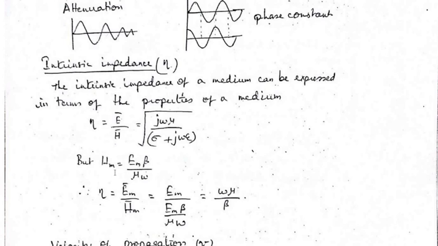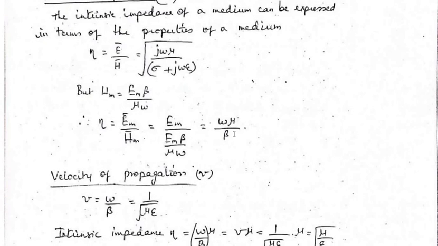In the previous wave equation derivation, we used the substitution where Hm is equal to Em beta by mu into omega. So in place of Hm, substitute this whole expression, and we get omega mu by beta.